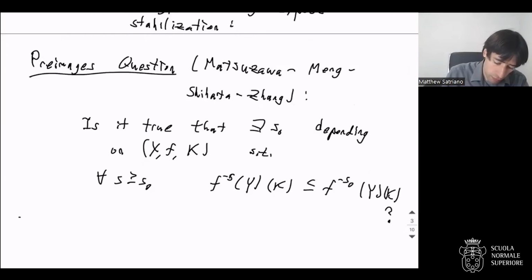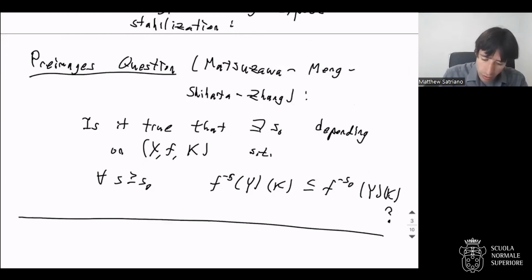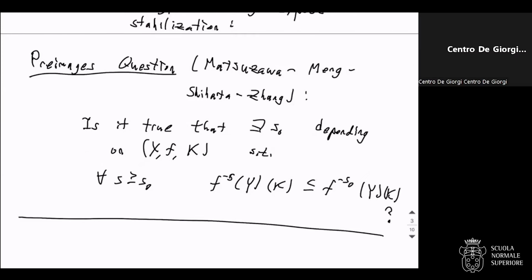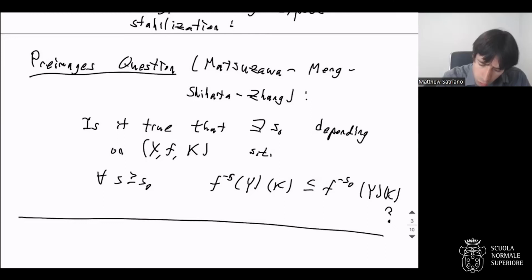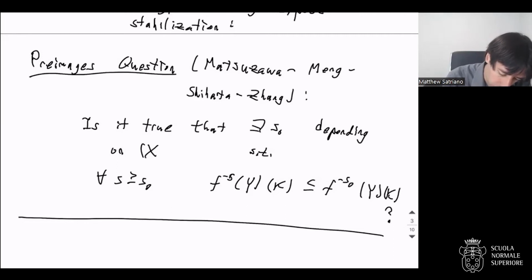Okay. Question for the audience. Yeah, go for it. They're asking if this should be true for any Y, or it depends also on Y. Yeah, I think so. They did state sort of stronger versions of this, but no. Thank you for pointing that out.